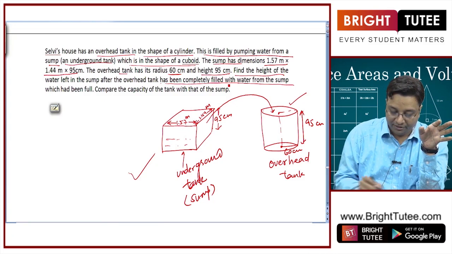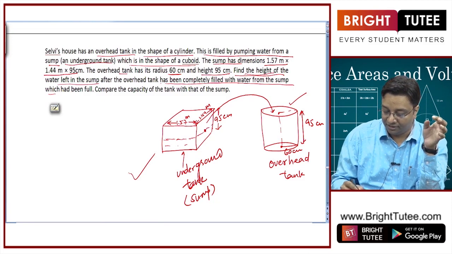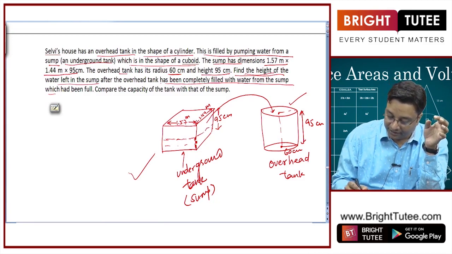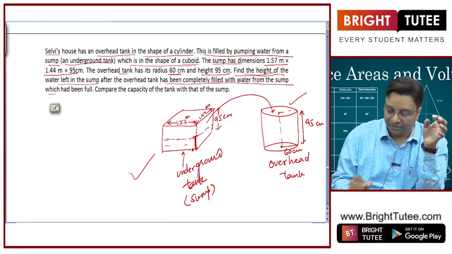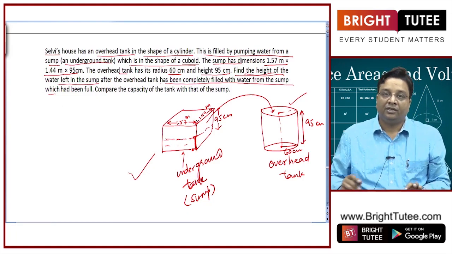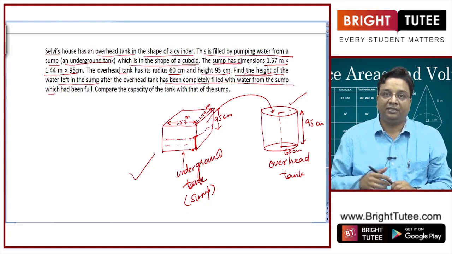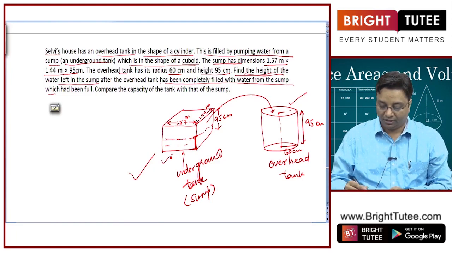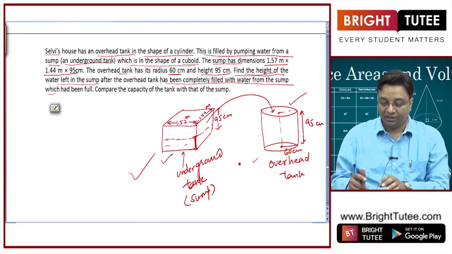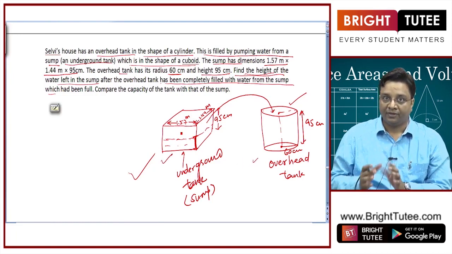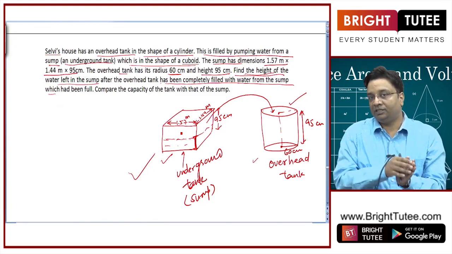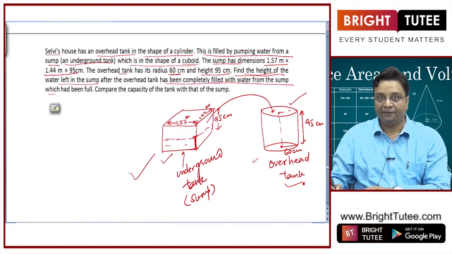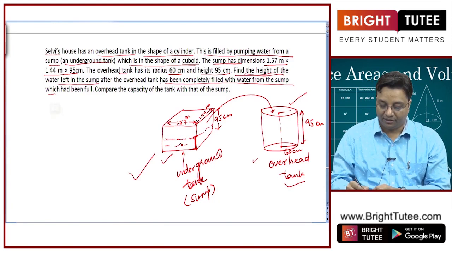We need to find the height of the water left in the sump, this height. This is the question. So basically we need to find the difference of volumes of this sump and overhead tank, because this was full. So the amount of water is shifted in this tank, and some water will remain in the sump.